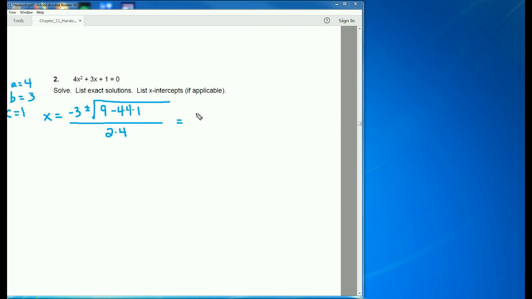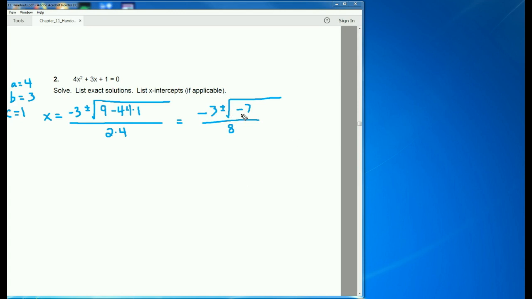All right, so x equals negative 3 plus or minus the square root of, let's see, this is 9 minus 16 under the radical. Okay, so 9 minus 16 is negative 7, and then divided by 2 times 4 is 8.